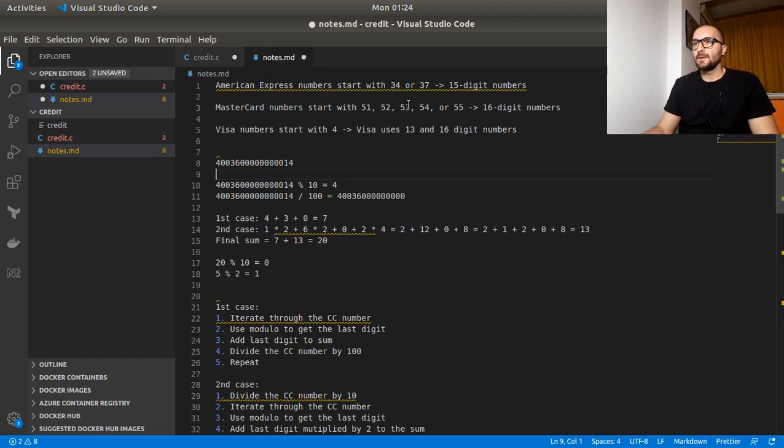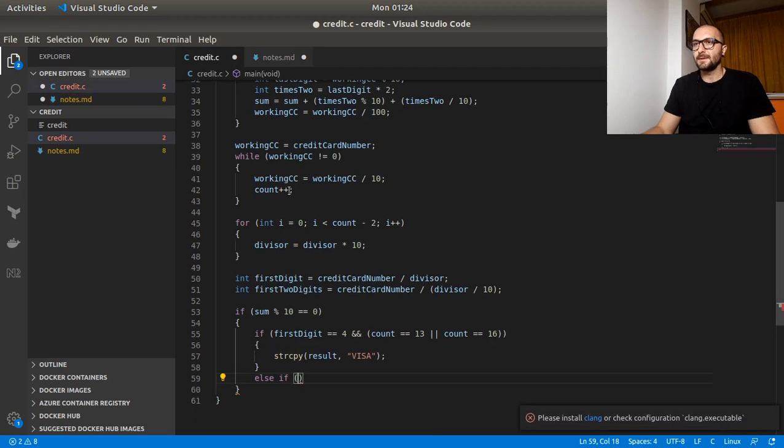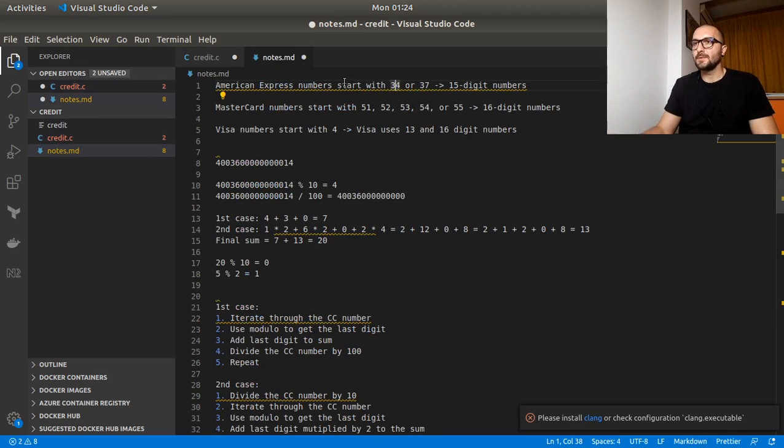So the other ones actually need the first two digits, so let's go with American Express 34 or 37. Else if first digit equals 34, digit equals 37, this will need to be one big condition, and count equals, so how many digits for American Express?